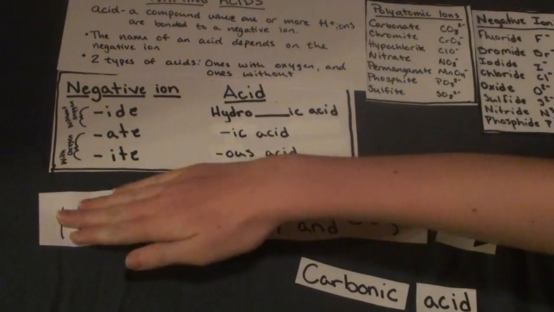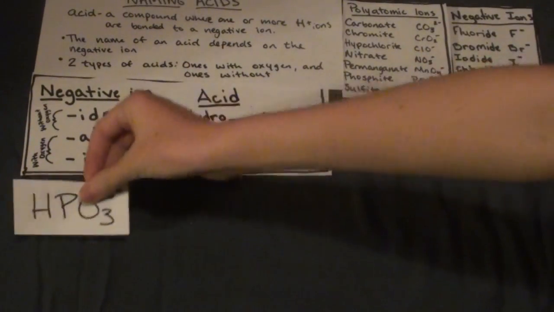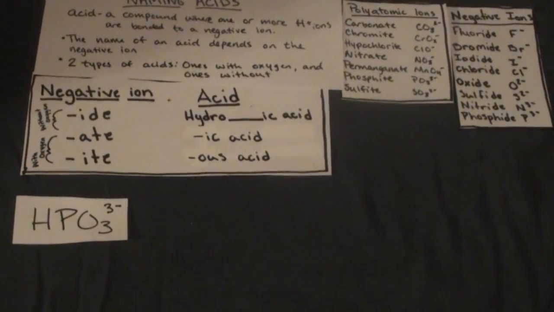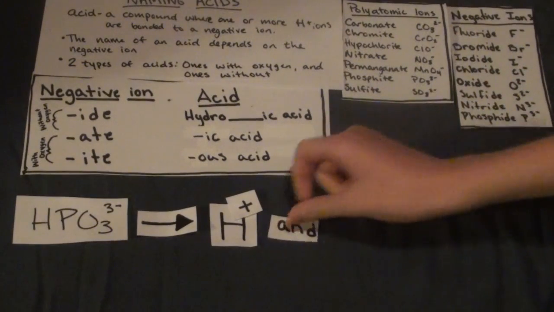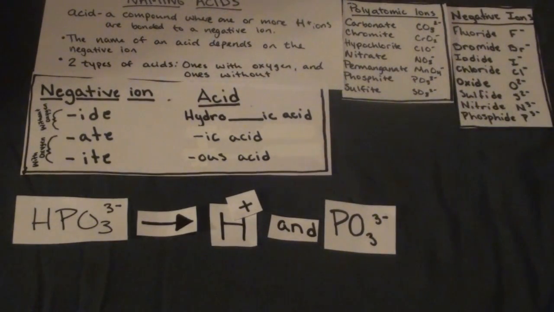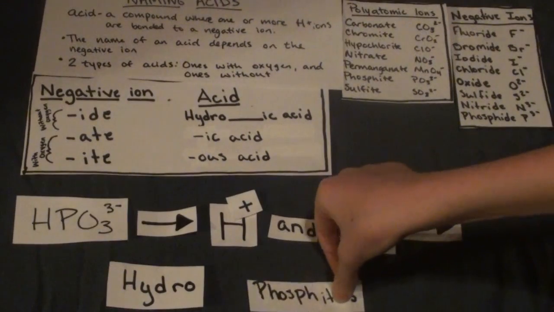Alright, let's look at a more tricky equation. Here we have the equation HPO3 3 minus. Let's break this down into the elements. We have H plus and PO3 3 minus. Now we need to name these elements. We have hydrogen and phosphite.